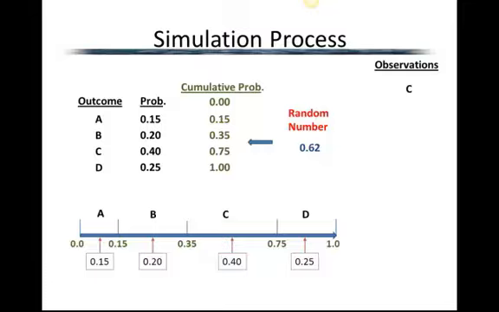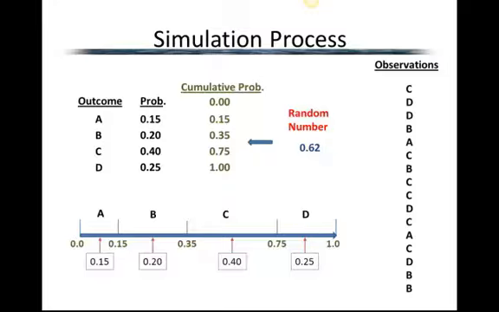So in matching up the idea of cumulative probability and this random number generator, we can come up with a list of random outcomes that match the distribution of the probabilities. So the relative frequency of each of these observations in my list will match the probabilities in the probability distribution.